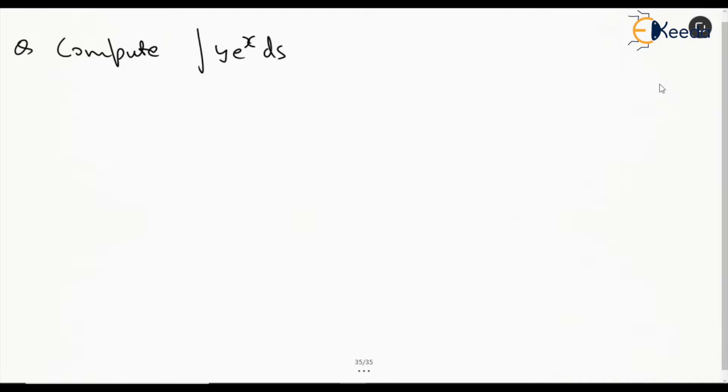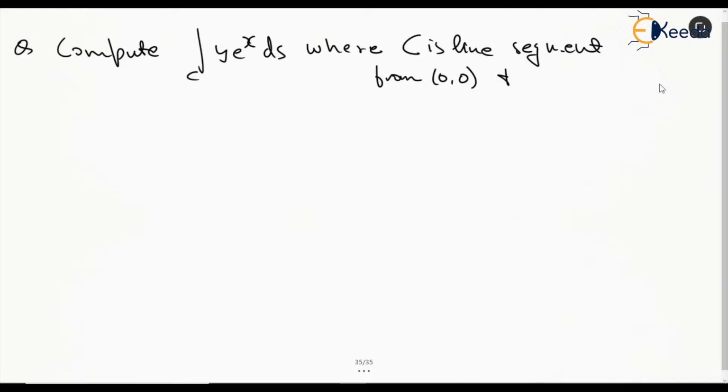This ds is for the line integral of a scalar function, it is not the surface integral, where C is the line segment from 0, 0, from 1, 2 to 4, 7.